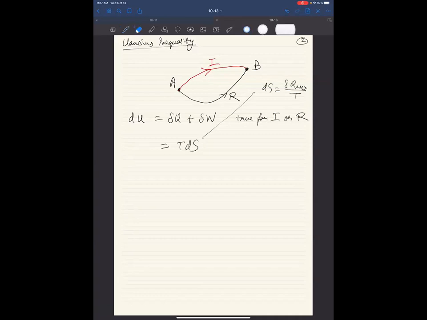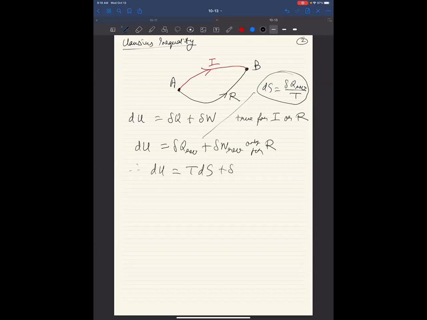So we can write it as delta Q reversible plus delta W reversible. This is true only for R. Then we can use dS is equal to delta Q reversible by T. Therefore, dU is equal to TdS plus delta W reversible. That's equation 2, and the earlier one is equation 1. Both apply to the system changing from A to B. Equation 1 applies to either I or R. Equation 2 applies only to R.